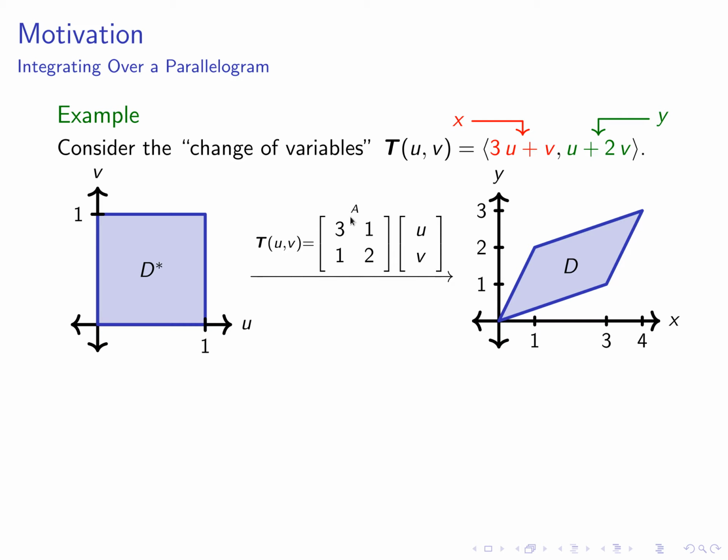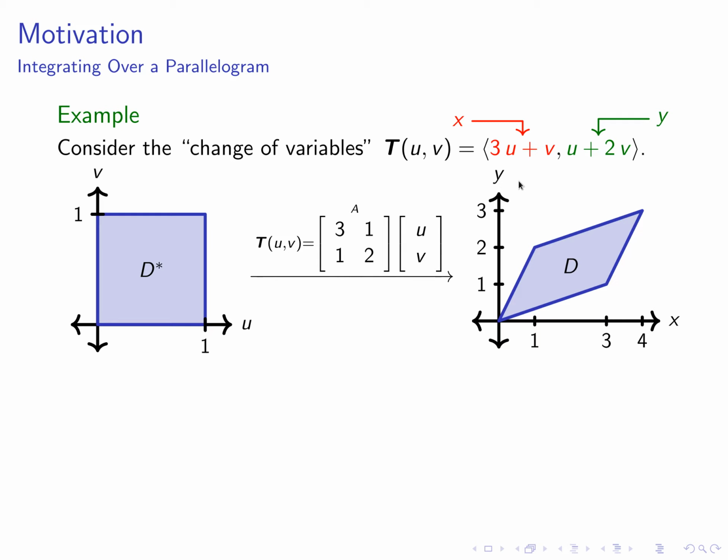The idea is that if I take this matrix we've constructed and multiply by the vector of coordinates u, v, we get the formula for our change of variables here. So in essence, what we're doing is relating the unit square in uv space to the parallelogram we're interested in xy space.